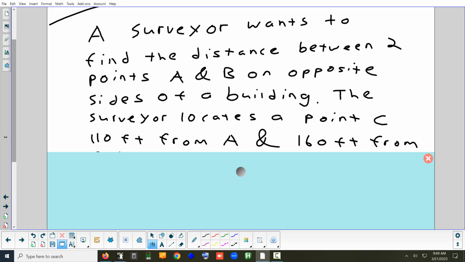So let's say I wanted to find the distance across the back of the classroom. What I would do if I was using this method is measure the distance from where I'm standing to the file cabinets, and then from where I'm standing over to the calculators. Those are the two distances I know. And the third distance is going to be the side of the triangle that would be along the back wall.